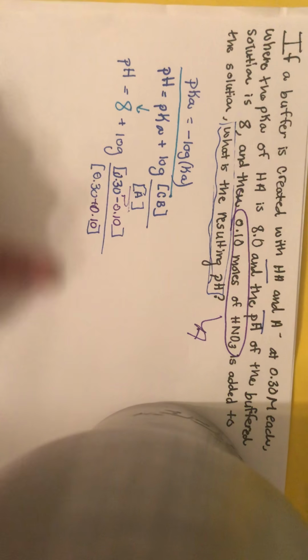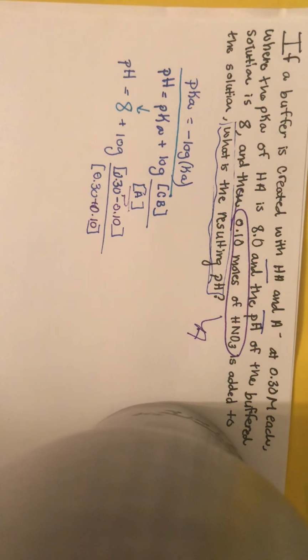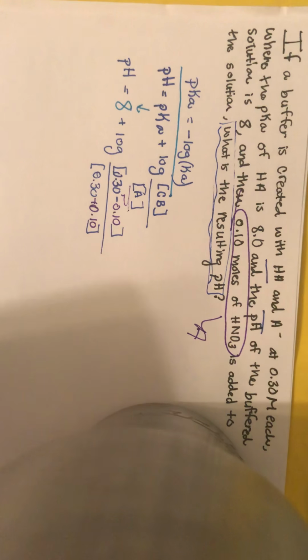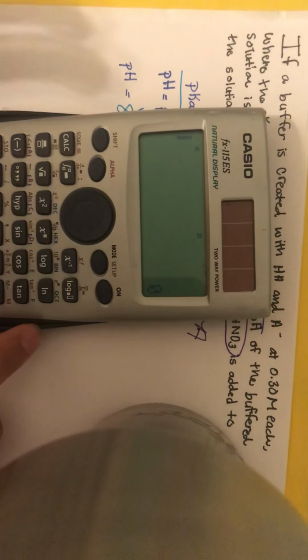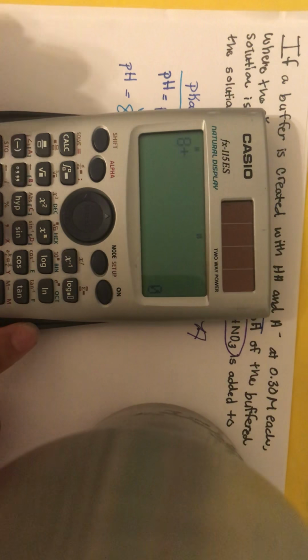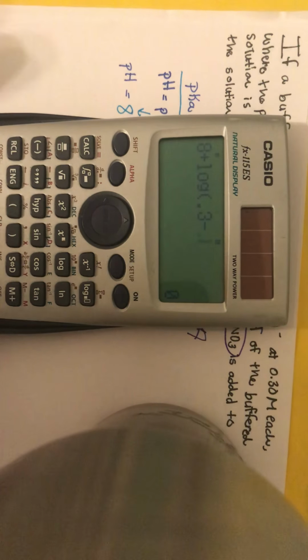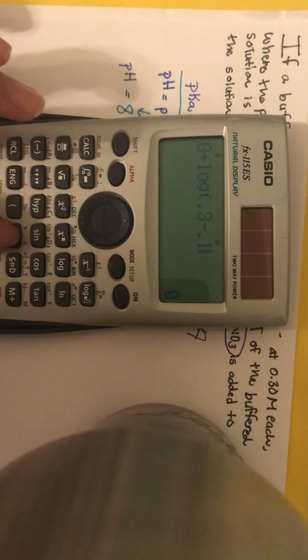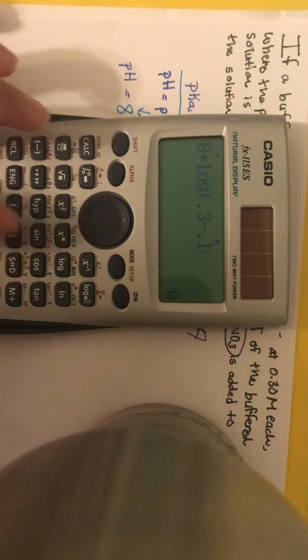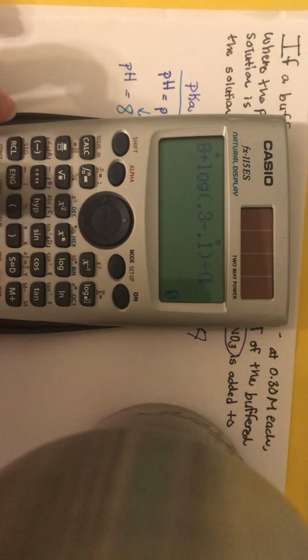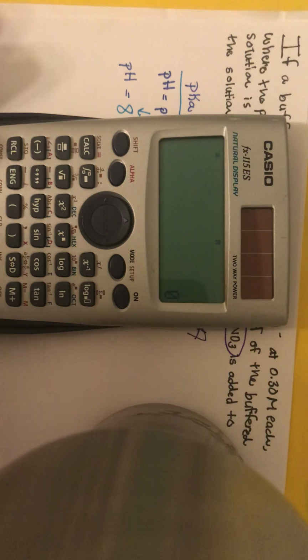Okay, so after plugging this whole thing into the calculator, we should get an answer. So pH, we're going to do 8 plus the log of 0.3 minus 0.1, divided by, oh wait, actually here, let's do this.